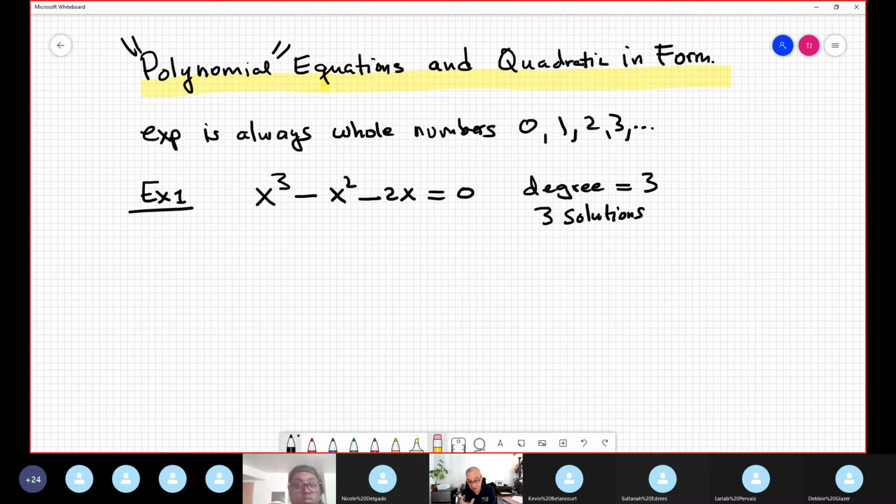It's another kind of equation. In quadratic form it is completely different. But for polynomials, yes. Polynomial is nice. You see the degree is 3, so when I finish my problem, I get 3 solutions.